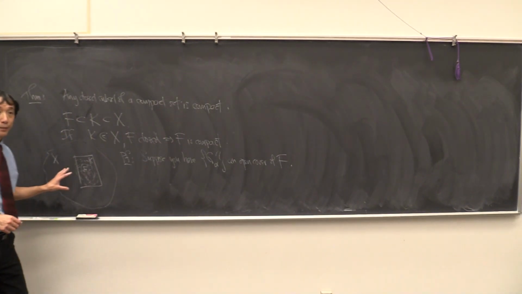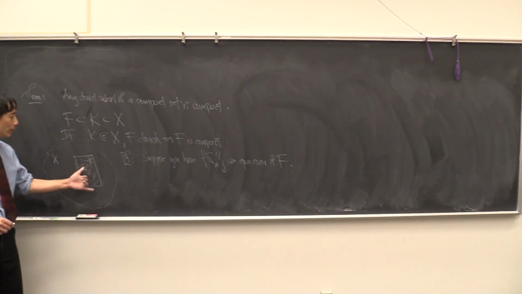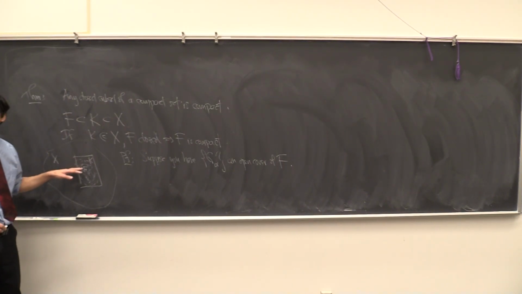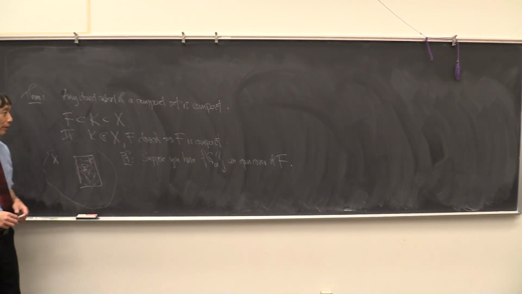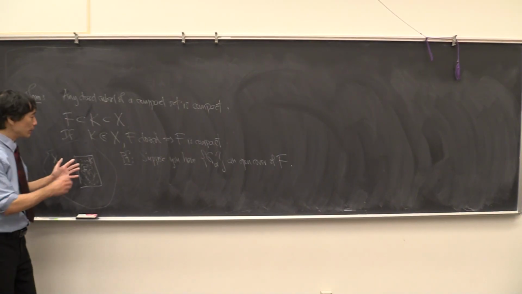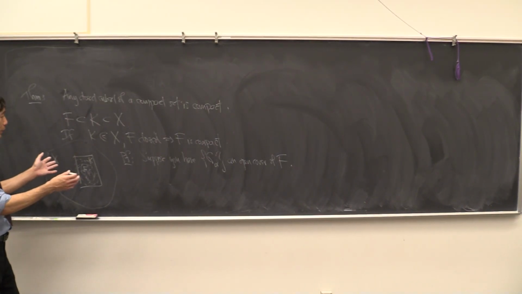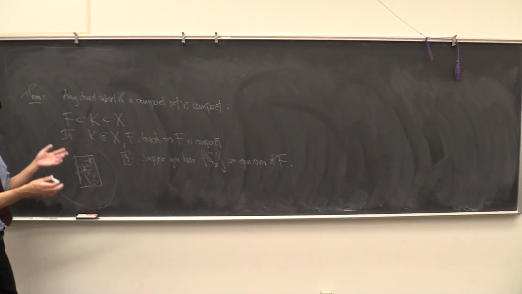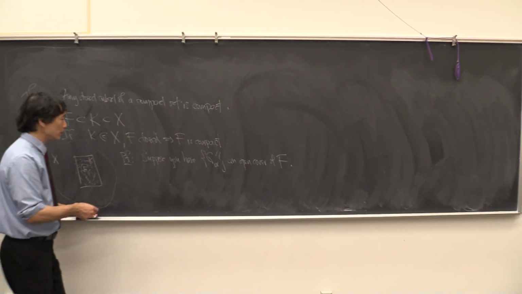Okay, so we have some open cover of F, right? And we want to show that we can get a finite subcover of it. So what we're going to do is take advantage of K, and we say, okay, we'll extend the open cover to an open cover of K, and then we'll use the compactness of K. So that's the strategy, right?